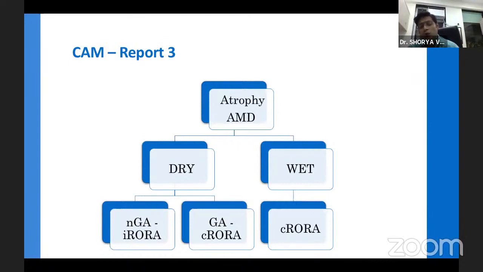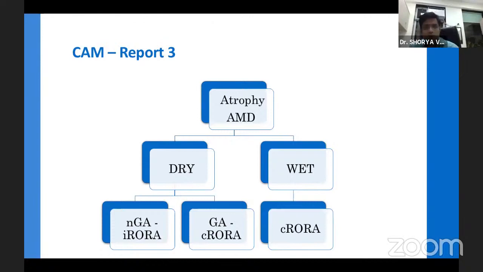So complete RPE and outer retinal atrophy is a broader term for geographic atrophy. It can be present in the wet form as well as in the dry form, but geographic atrophy has been retained specifically for dry AMD. And nascent geographic atrophy is the term which will be given to incomplete RPE and outer retinal atrophy.